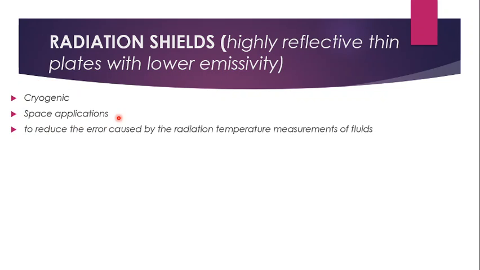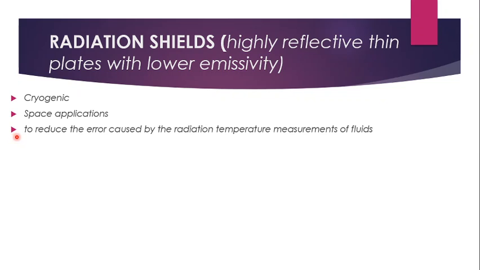In space applications, somewhere it is very high and somewhere it is very low. As you know, in the thermosphere temperature goes up to 2000 degrees centigrade, but in the lower layers it will go even to minus 150, minus 200 degrees centigrade. So in the extreme cases, radiation plays a very important role. To reduce the radiation heat transfer, we use radiation shields.